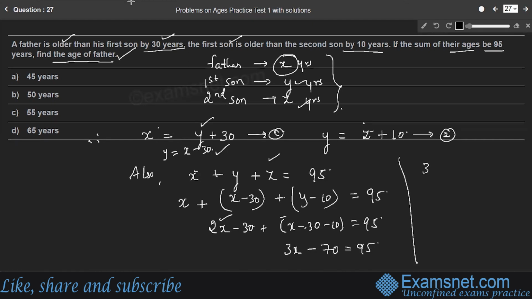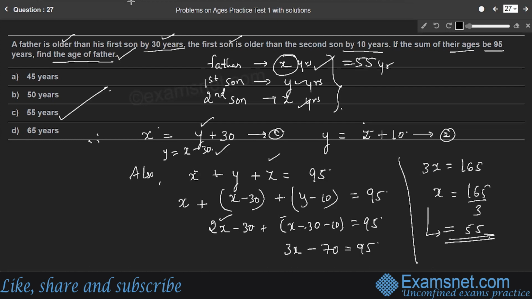Therefore, 3x becomes 95 plus 70, which is 165. Therefore, the value of x is 165 by 3. So, 3 into 5 is 15, 3 into 5. So, the value of x is 55. Therefore, the age of father is 55 years. Hence option C is the right answer.